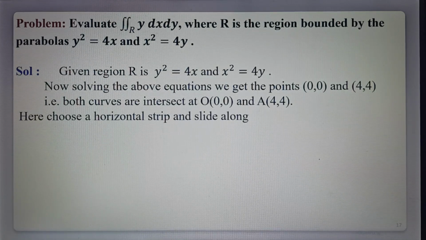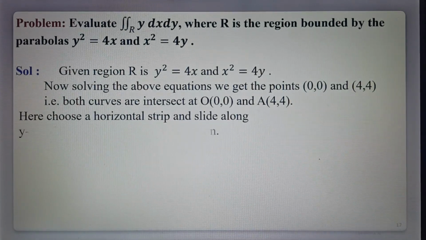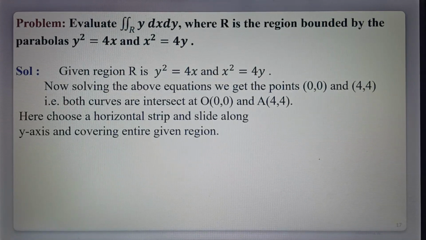Here choose a horizontal strip and slide along the y-axis, covering the entire given region. Not only a horizontal strip, we can also choose a vertical strip. Okay? So horizontal strip means slide along the y-axis, and y limits are constant, x limits are functions of y.